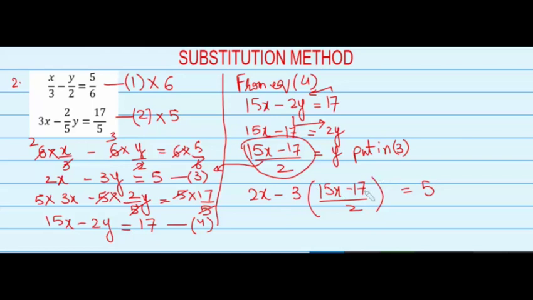First of all, I want to get rid of this denominator, so I'm multiplying this whole equation by 2, the LCM of the denominators. When you multiply, 2 times 2x gives you 4x, and this 2 cancels with this 2, so we are left with only 3 times 15x minus 17, right? And 2 multiplied by 5 gives you 10.